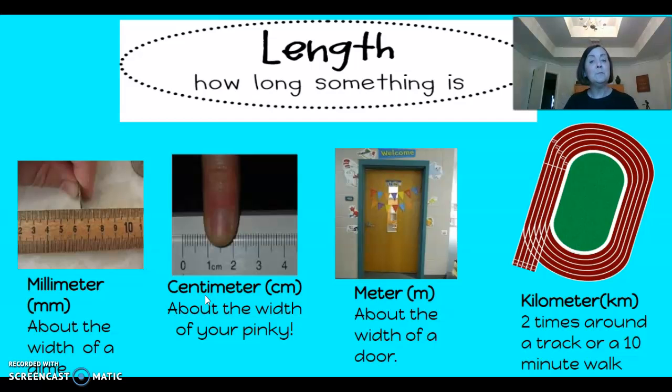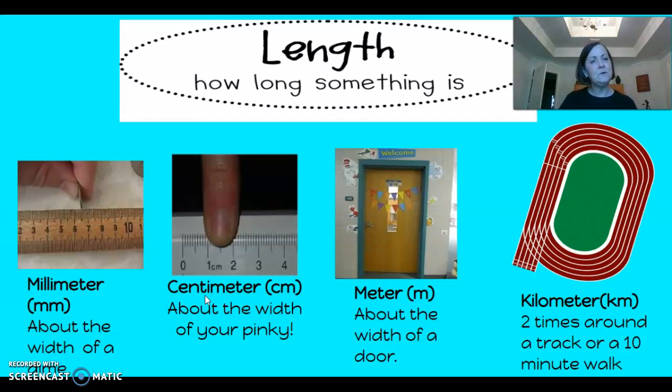But for meters, I would probably measure maybe the height of my wall here in my office. And a meter is about the width of a door. Almost like a yard, but a little bit larger than a yard. So if you look at your doors, think about the width. That will give you an idea of what a meter is.